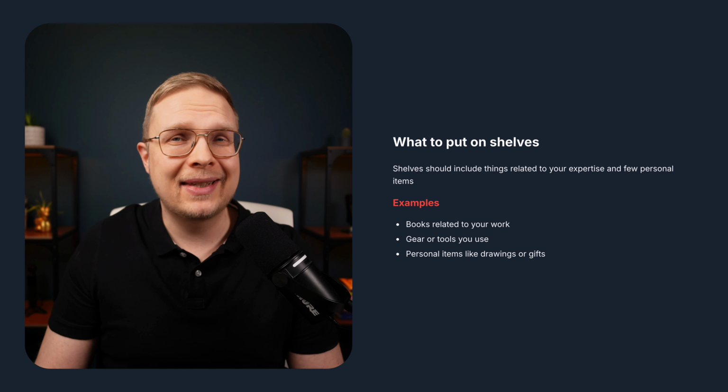I have a lot of camera gear behind me, and also add personal items like drawings, gifts, or small objects that matter to you. For example, I have here my kids' drawing mug that I got as a Father's Day gift and things like that. This also keeps the background personal but still relevant to the niche you are in.